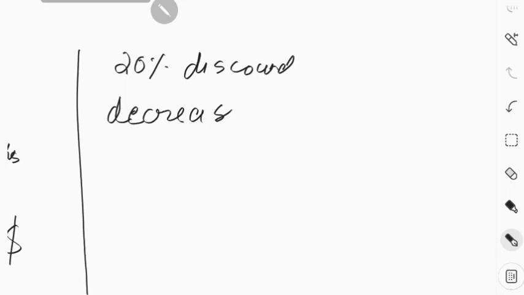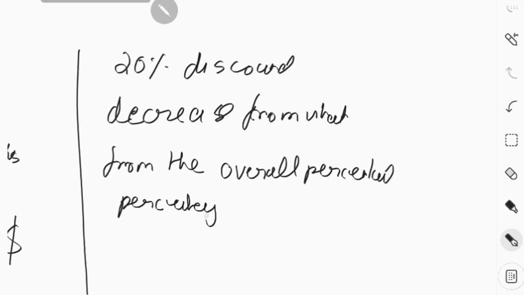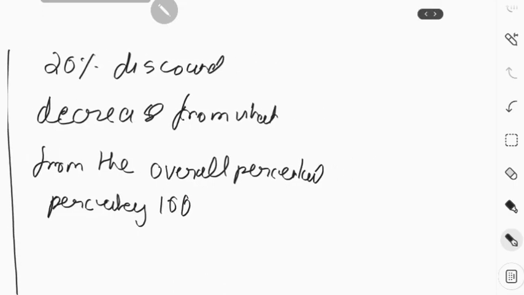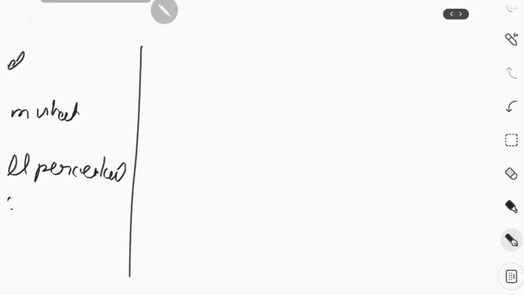A decrease from what? From the overall percentage, and percentage is always 100%.